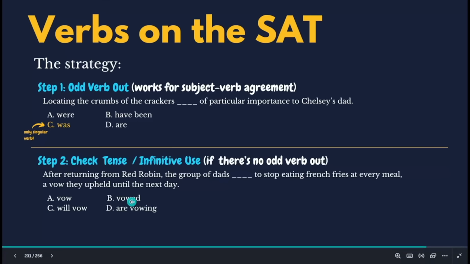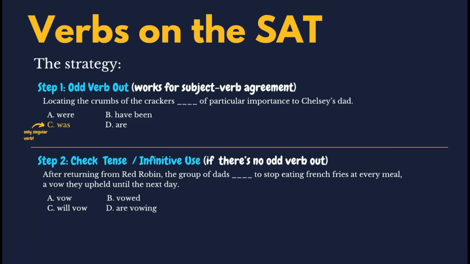Already just by looking at the first two answers, I know there's not going to be an odd verb out. So at this point, it's all about figuring out what the tense is. In this question, I'm seeing a vow they upheld, single past tense. So I'm going to know that I want the single past tense vowed, choice B, as my answer.